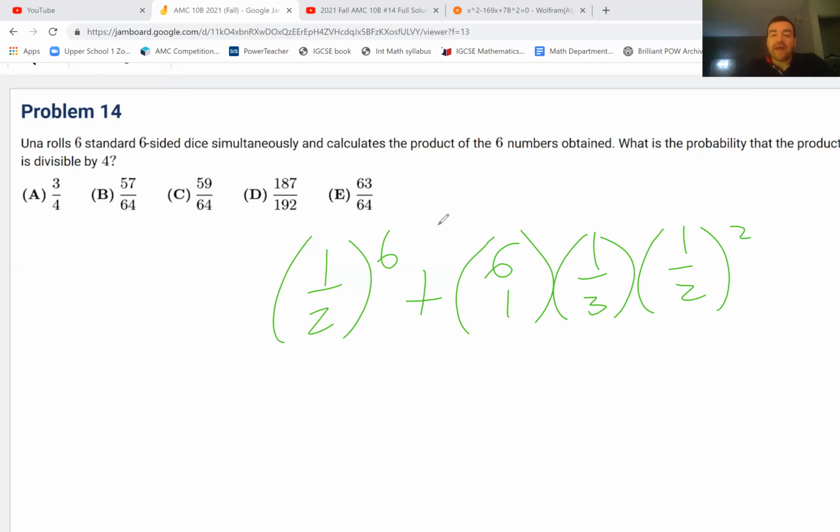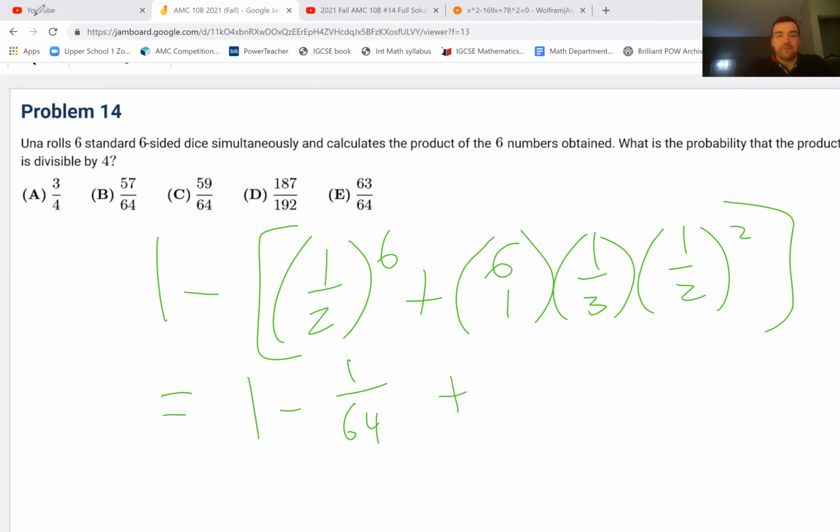So now, if we add this together, this will give us the probability that the product is not divisible by 4. So what we need to do is 1 minus that, and that's going to give us our answer, right? So it's going to be 1 minus 1 over 2 to the 6. 2 to the 6 is 64, right? Minus, 6 times 1/3 is 2. Oh, whoops, sorry, I made a mistake over here.